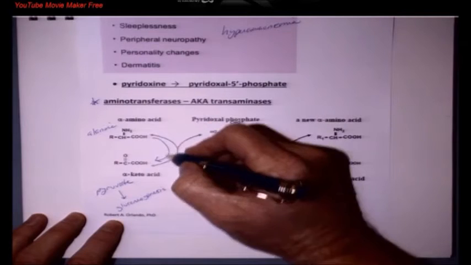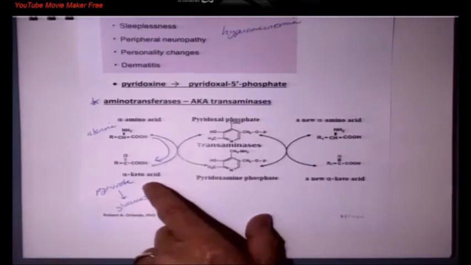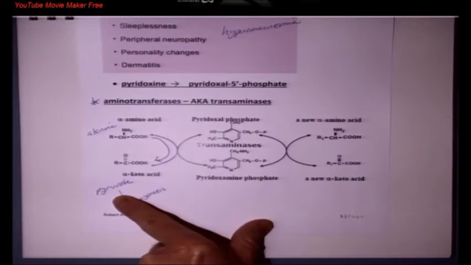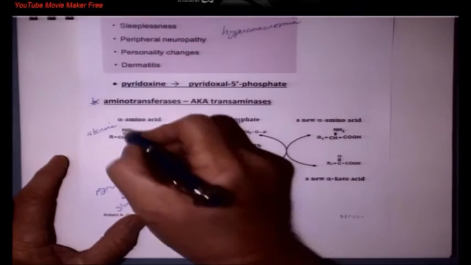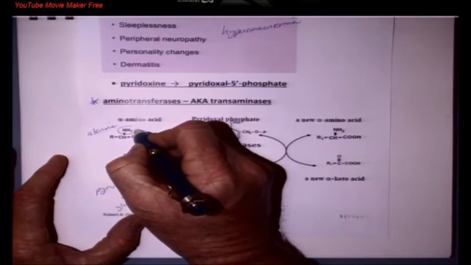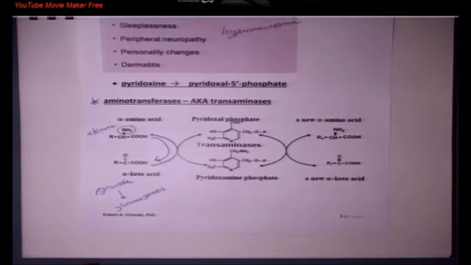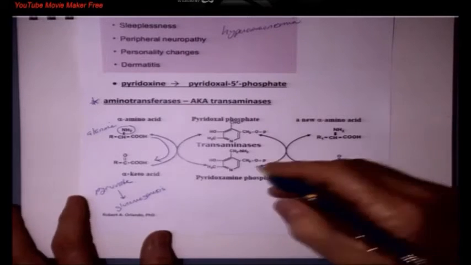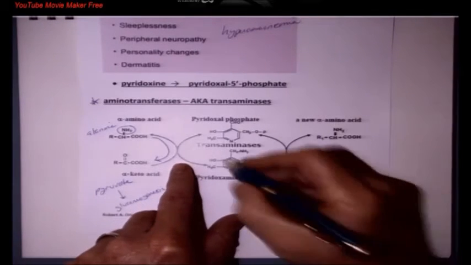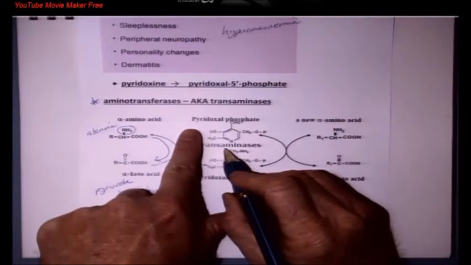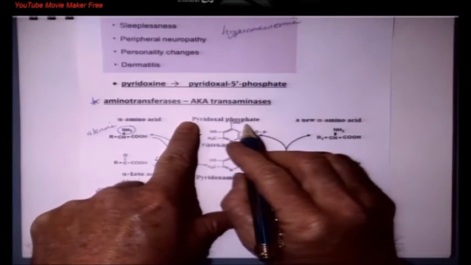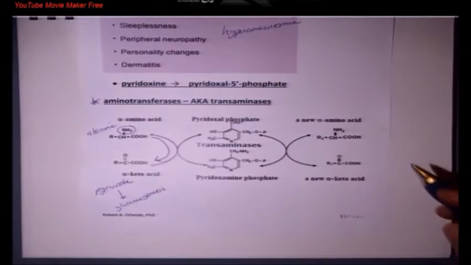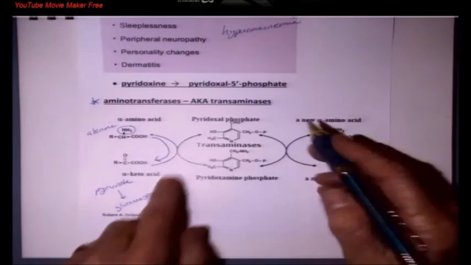Now, we're moving in this direction from alanine to its respective alpha keto acid, which is pyruvate, which means that this nitrogen on alanine is a donor and it has to go to a recipient. The recipient is going to be the transaminase with the pyridoxal phosphate, all that is a phosphate on pyridoxine in the active site.